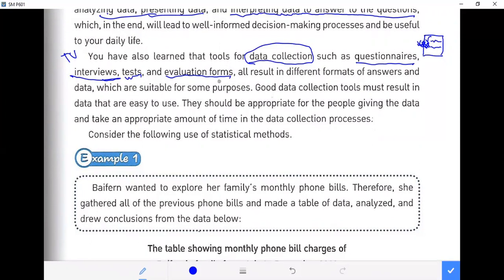So an evaluation form is a form that you have to fill in, something like feedback. This will happen after, let's say, this mathematics class with me. And then you tell me what you feel. We call it evaluation. Now, it can be good or bad, okay?